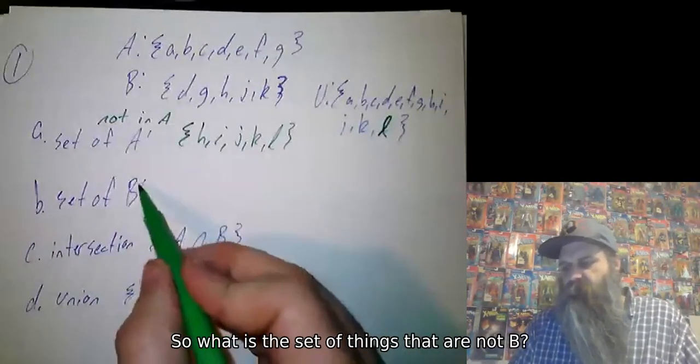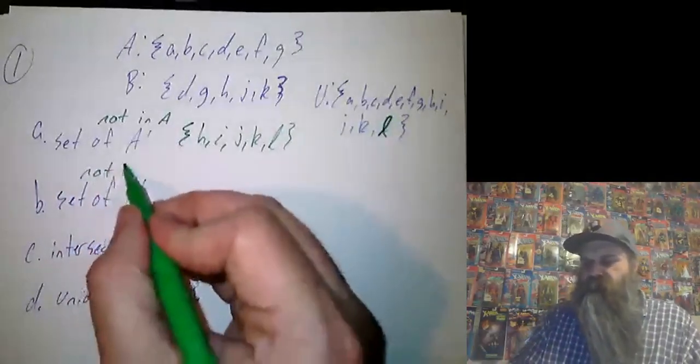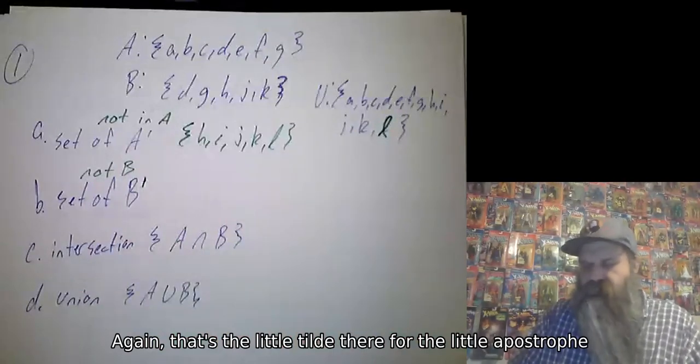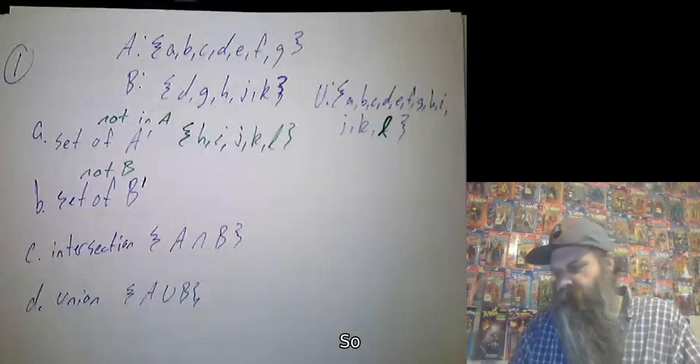So what is the set of things that are not B? Again, that's the little tilde there, or the little apostrophe.